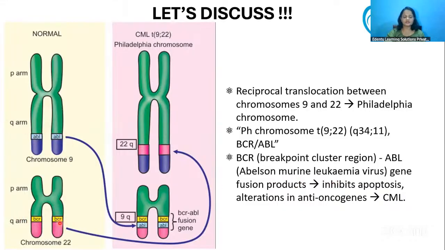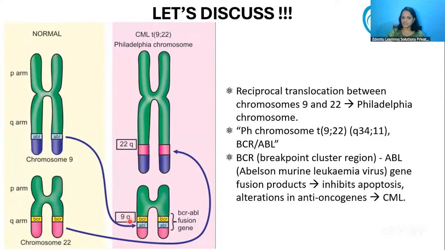In chromosome 22, we have a particular region called the BCR, which is also called the breakpoint cluster region. In a chronic myeloid leukemia patient, there is translocation of this ABL region from chromosome 9 to chromosome 22, and it forms a fusion gene here.